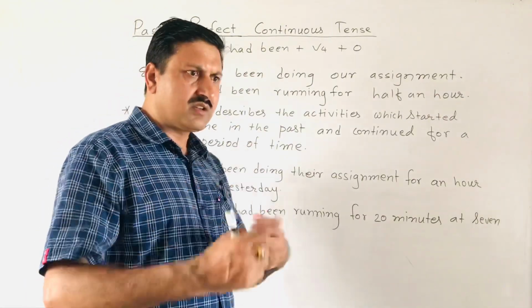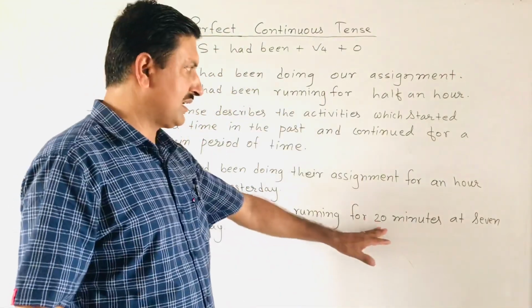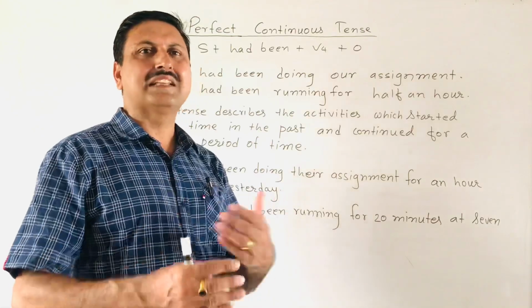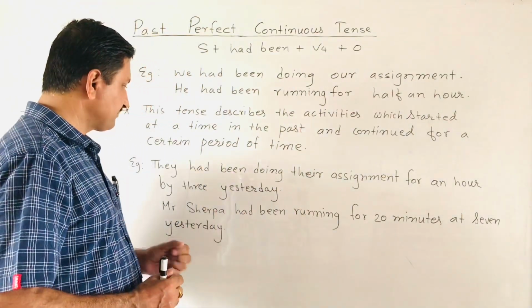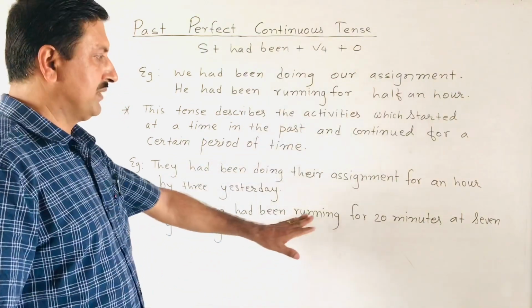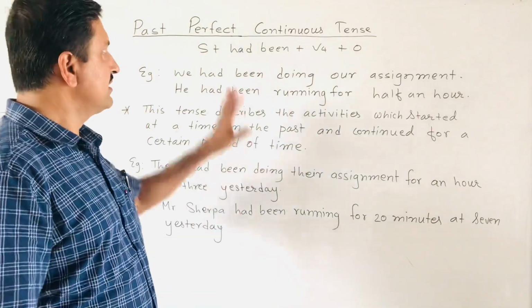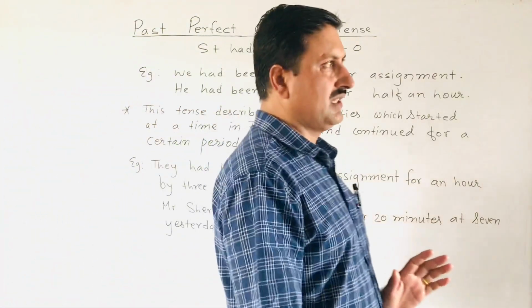He continued running. He continuously ran for 20 minutes, and when it was 7 o'clock, he was still running. So this is the meaning of this sentence. Mr. Sherpa had been running for 20 minutes at 7 yesterday. This is how we use past perfect continuous tense.